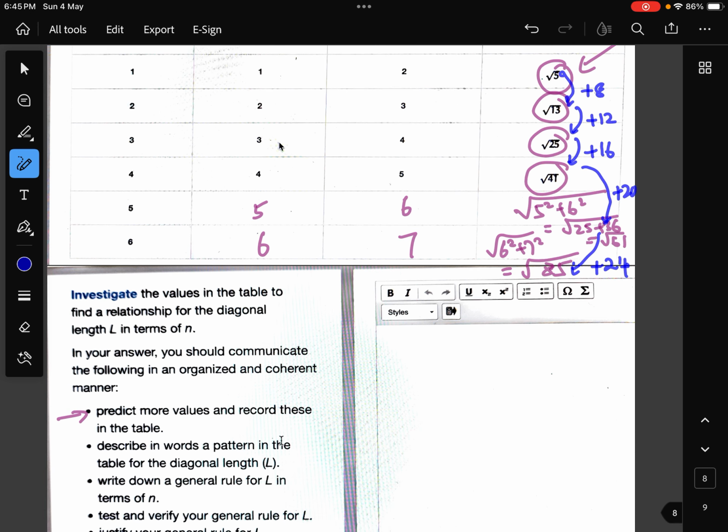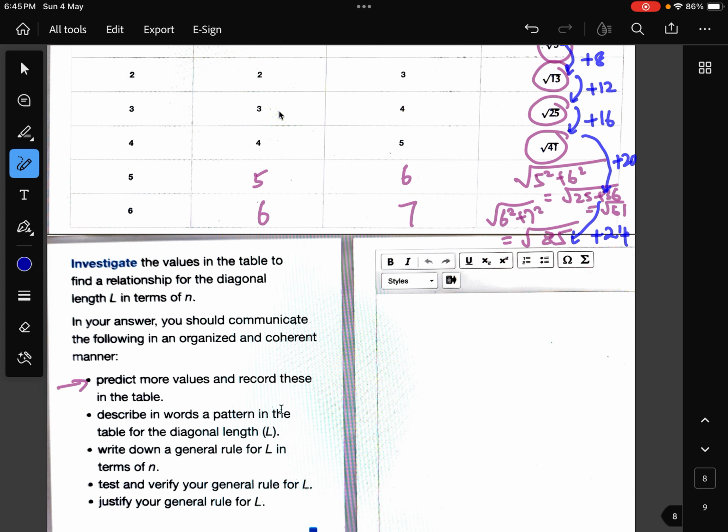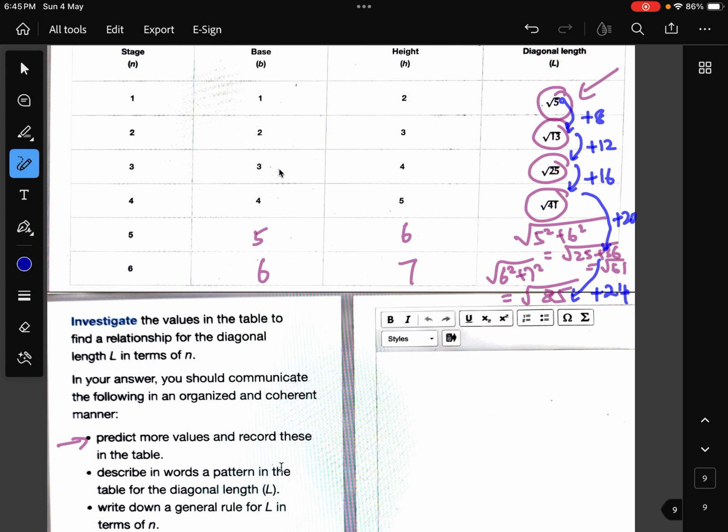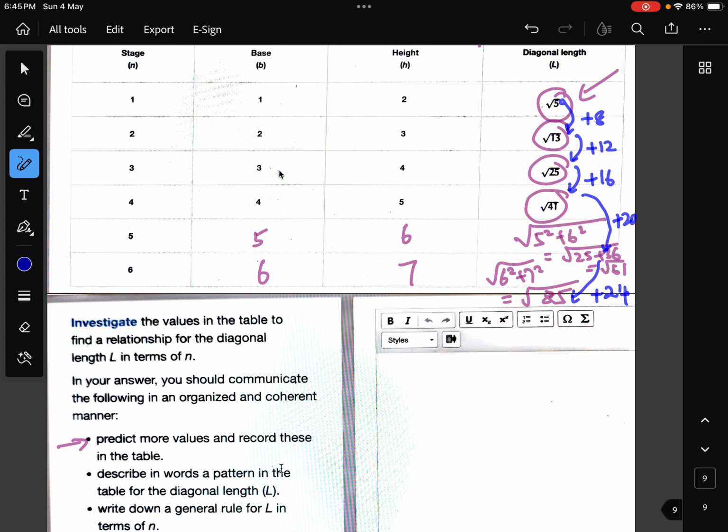Okay, so we're going to write a pattern in the table for the diagonal length. I think one way to look at this is that if we have 5, 13, 25, 41, 61, and 85.